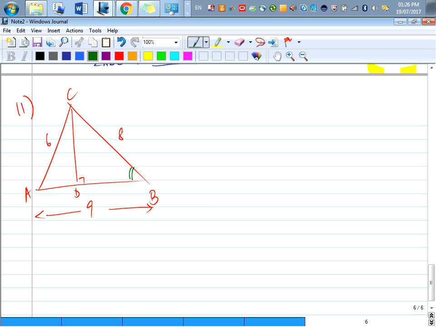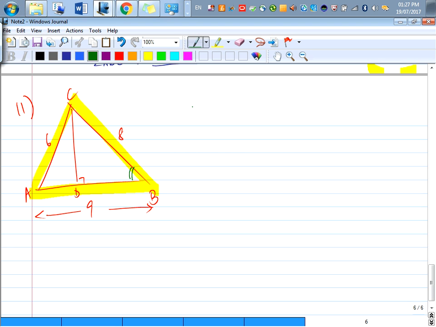The big hint is cosine rule. So what is it? I already tell you use cosine rule. Yeah, what am I going to write? Say it.